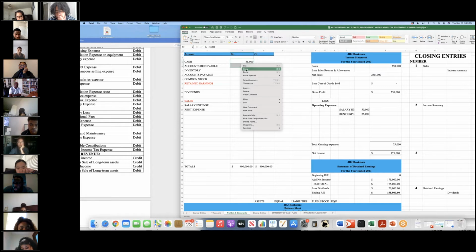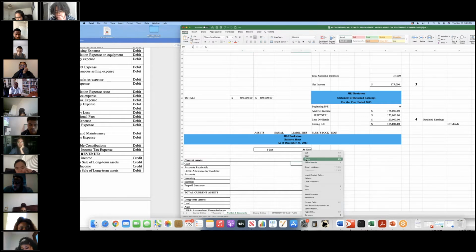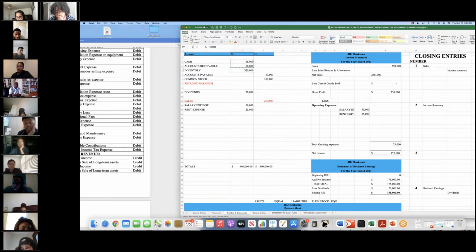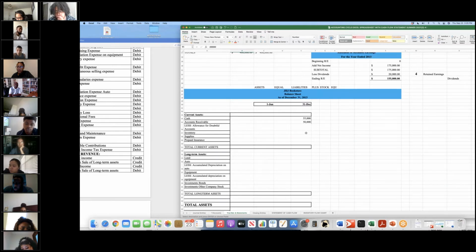We're gonna copy those and put those right here. So we have the cash and the receivables. The inventory is down some, so we'll copy it. We go to the inventory line and we paste it.